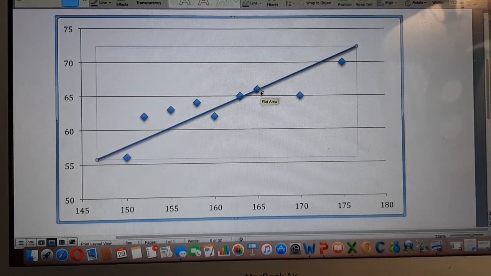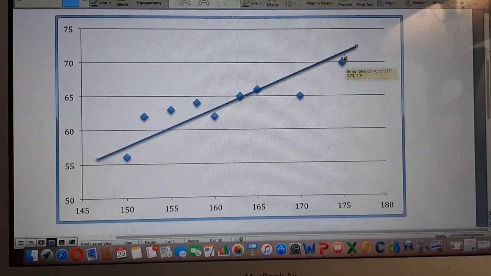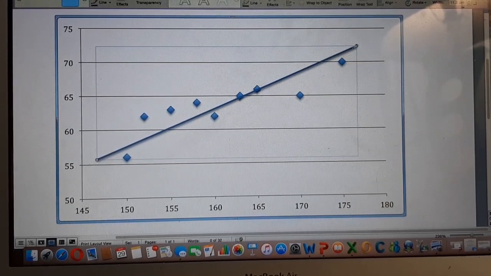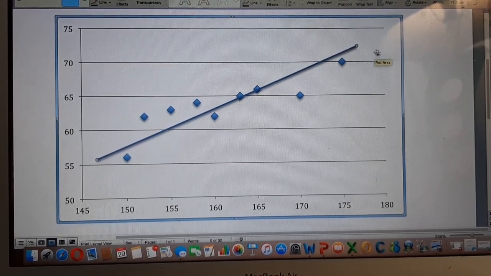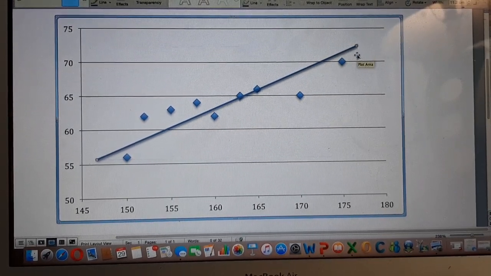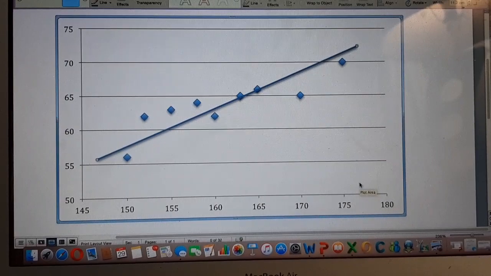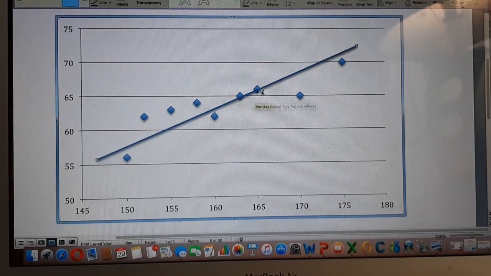Positive correlation means when marks of physics are increasing, marks of maths are also increasing. You should restrict your conclusion within the range of your data.